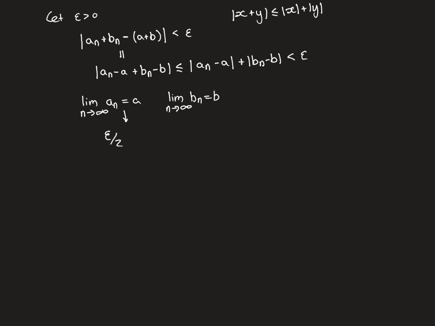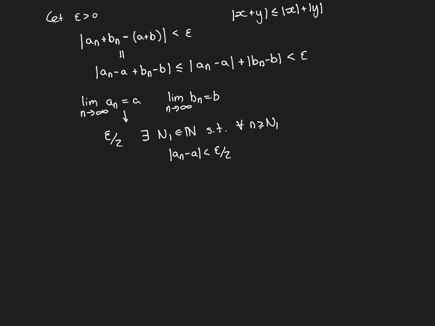So by the definition of the limit of this sequence an being equal to a, it means that there will exist some big N1, which is an element of the natural numbers, such that for all little n greater than or equal to that big N1, mod of an minus a will be less than epsilon over 2.